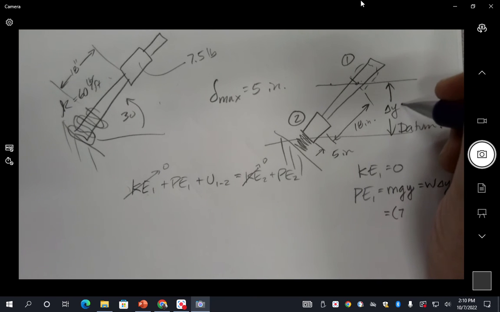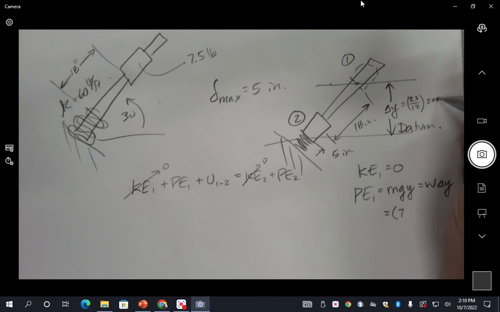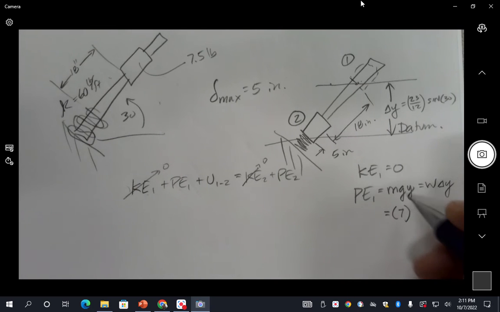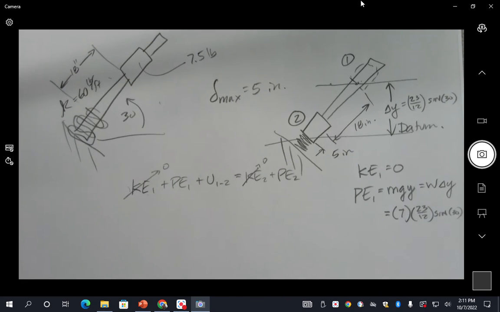It's going to be my 18 plus 5, or 23 inches, divided by 12, times the sine of 30. Is that true? Yes. So it's going to be my 7 pounds times the 23 divided by 12 times the sine of 30. I guess I could fit it in.